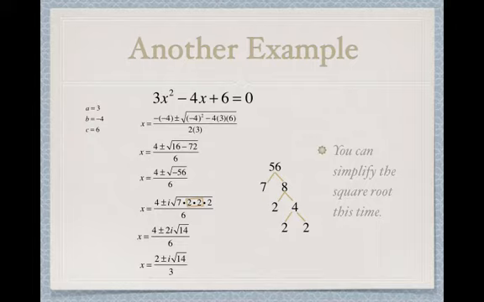Never try to simplify what's inside the square root with the denominator. It doesn't work. Please don't do it. Okay, only the numbers out in front. Okay, so your final answer will be 2 plus or minus i square root of 14 over 3.